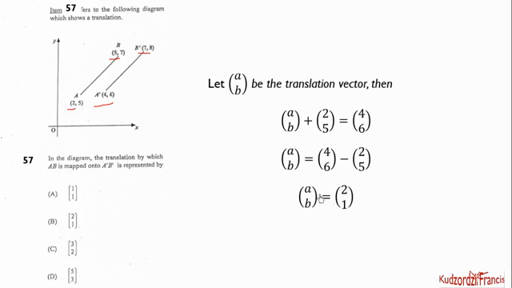By equality of vectors, we know A is equal to 2 and B equal 1. So the vector that is applied, the translation by which AB is mapped onto A prime B prime, is 2, 1, which is option B. Now you can check by adding 2 to 5, which will give you 7, and 1 to 7, which will give you 8. So our answer is correct.